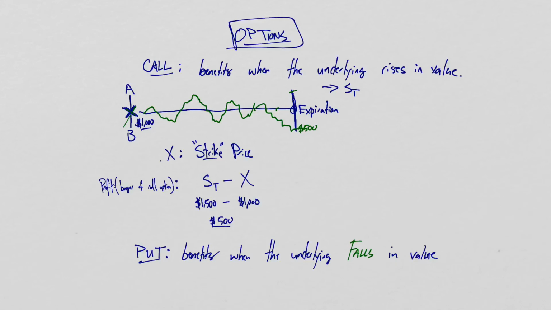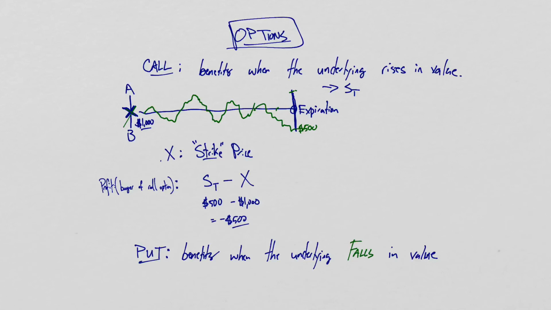So Apple stock price tanked. Sounds like the buyer of this call option is not going to make money because, yeah, they have the right to buy it at $1,000, but why would they do that when they could just buy the stock outright in the stock exchange for 500? And in fact, that's true. That doesn't make sense. In this case, the loss is $500.